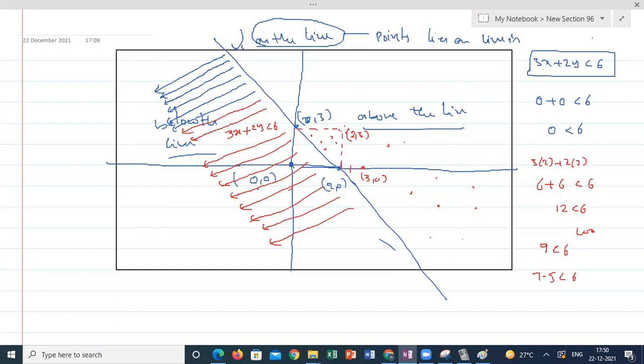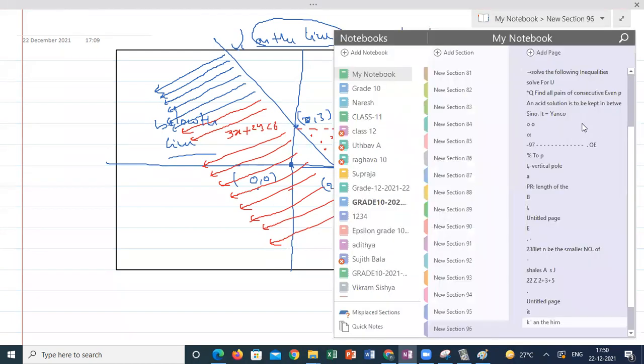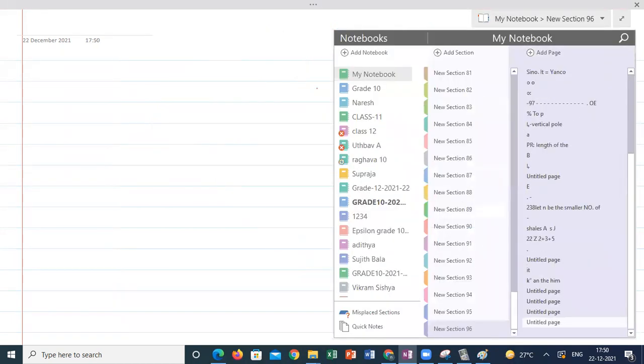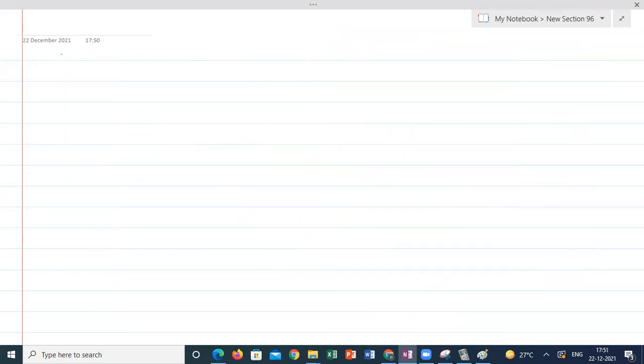If it is equal, that means it will satisfy one of the conditions, that is, if it is on the line. Suppose I take the same expression with the equality symbol: find the solution set of 3x plus 2y less than or equal to 6. Same graph.